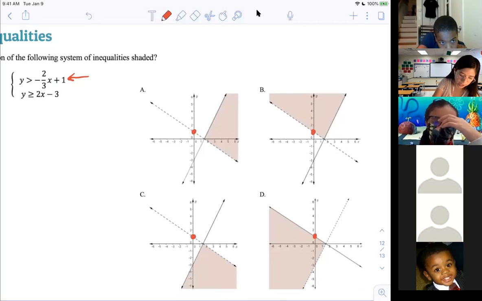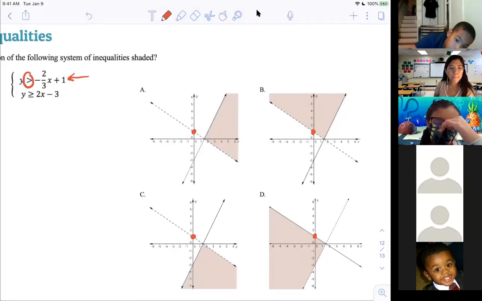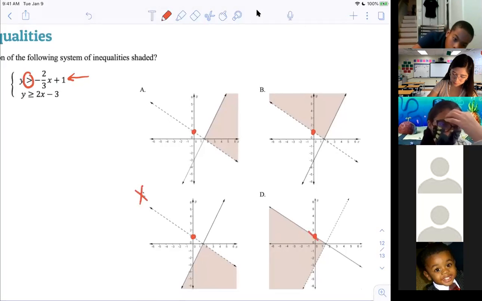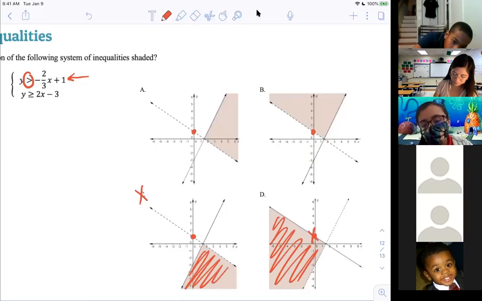My symbol tells me that it needs to be shaded above. So which answer choices can I eliminate based on that? C and D, good, because both of those shade below that line.